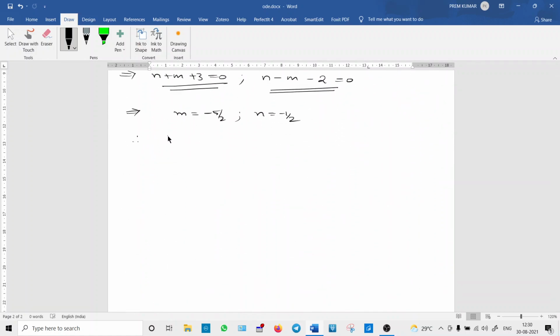Therefore, what is the solution? If an equation is exact, what is the solution? Integrate M with respect to x, keeping y as a constant, and integrate N with respect to y only terms independent of x, equal to a constant, which implies integration of what is M?